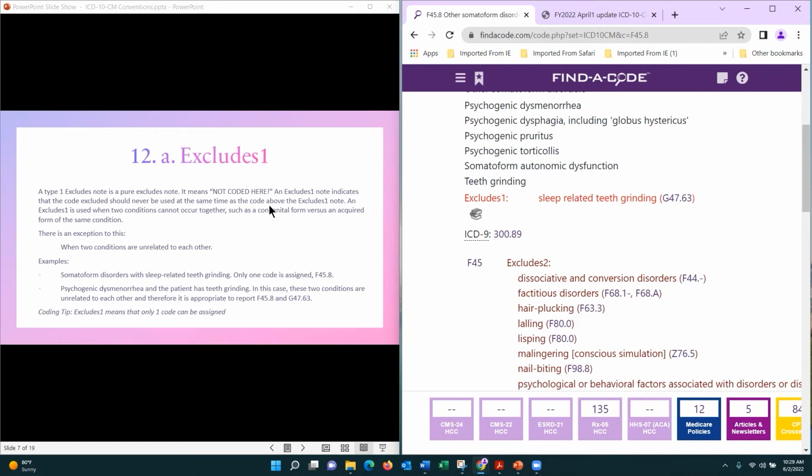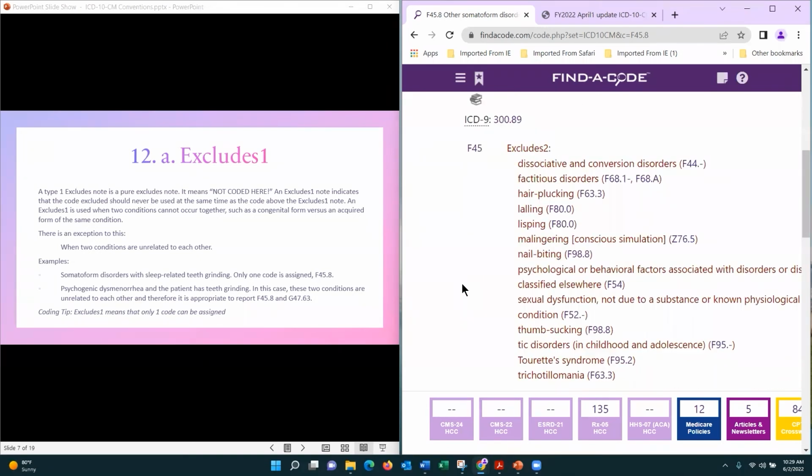Your dysmenorrhea and your teeth grinding are not related to each other. So the code for psychogenic dysmenorrhea is F45.8, and you're going to also code your teeth grinding.